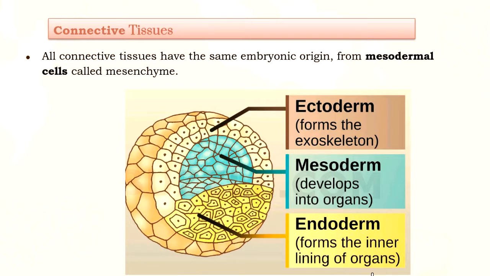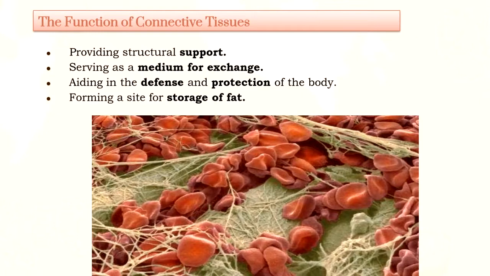Functions of connective tissue. The basic function of the connective tissue is providing structural support to the body. That means connective tissue by its presence provides support to the different types of structures in the body. It also serves as a medium for exchange of nutrients and exchange of fluid. All these are exchanged through connective tissue.